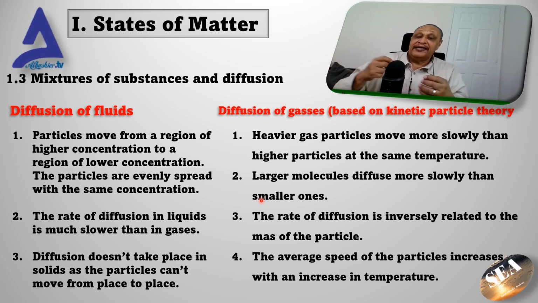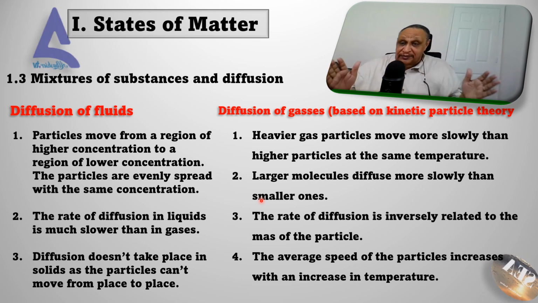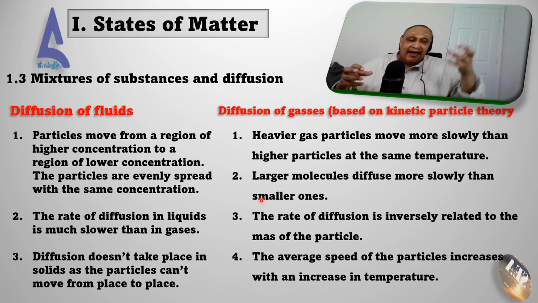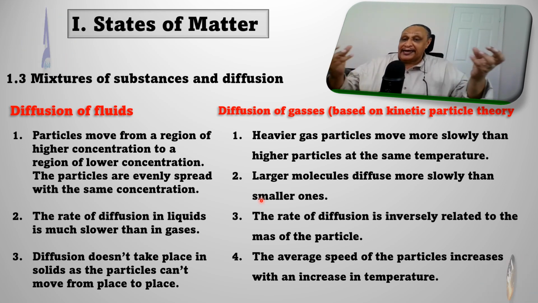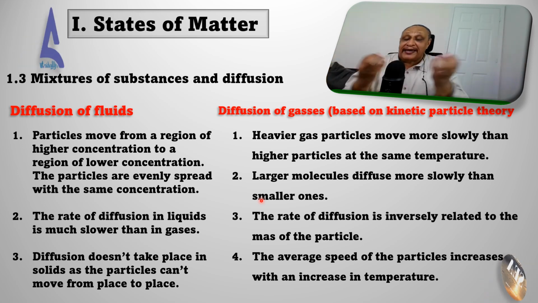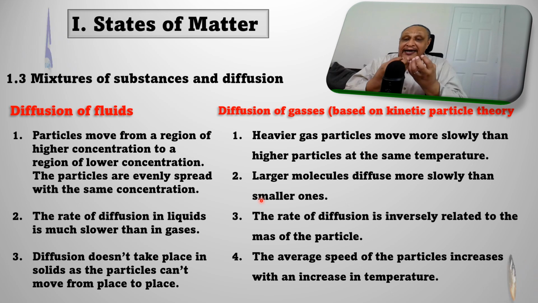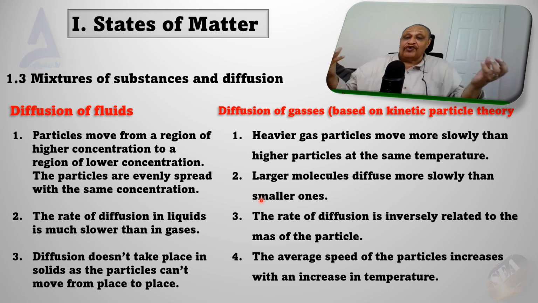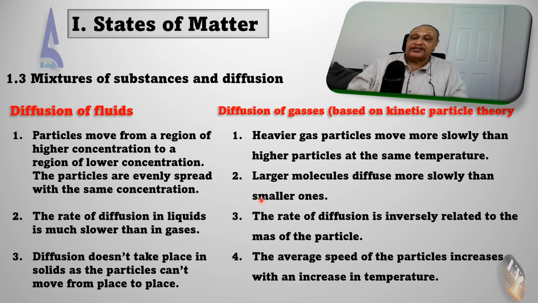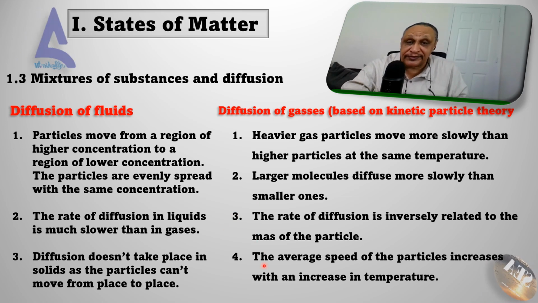Then you add space between the adjacent two particles. If I have a particle here and a particle here, and I increase the distance between them, then the electromagnetic attraction force is going to weaken, and this makes the particles move very freely and very quickly. So be careful about these things.